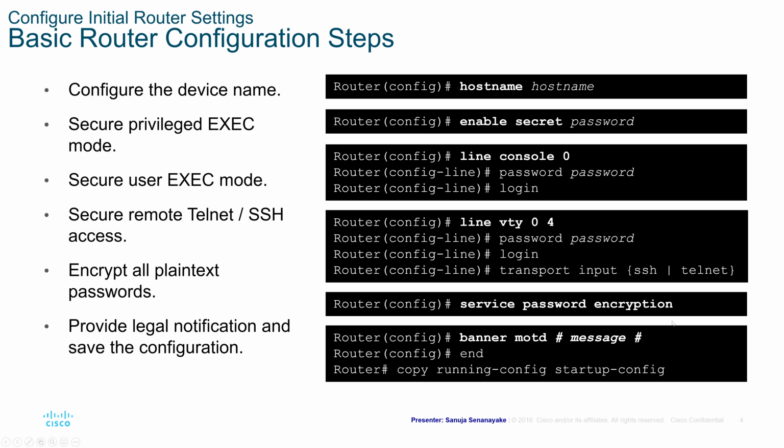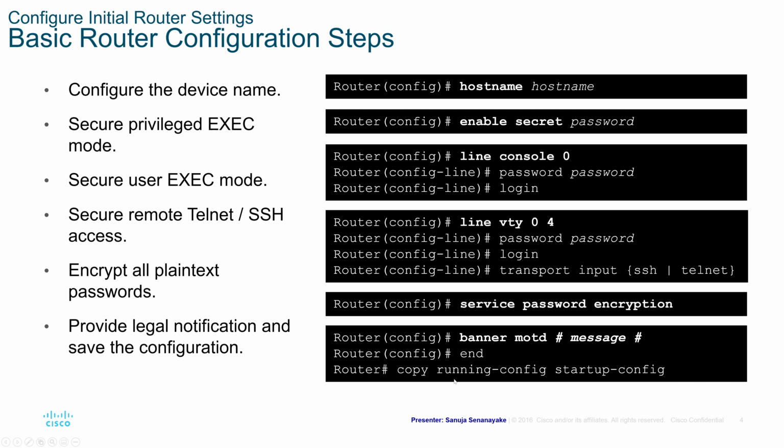Service password encryption is a command that can be used to encrypt all your plain text passwords on your Cisco device. Then the banner MOTD will allow you to enter a message, a notification for the person who is trying to access your device, with either a warning message or an introductory welcome message.